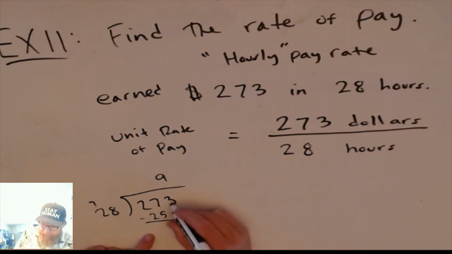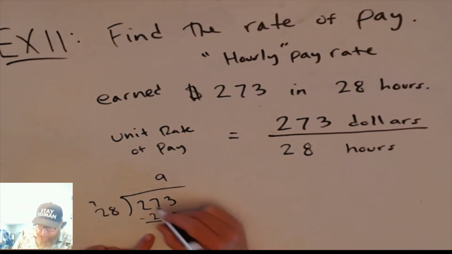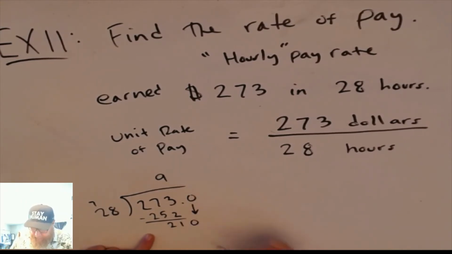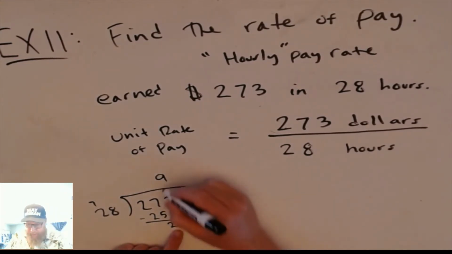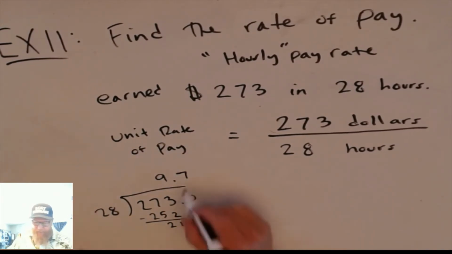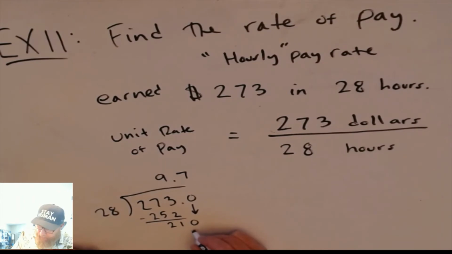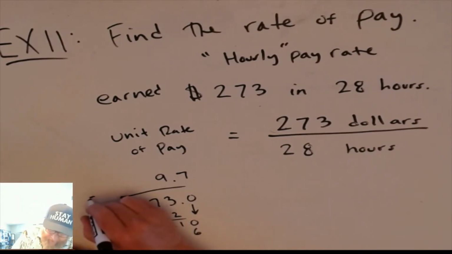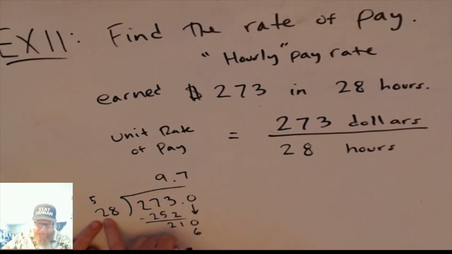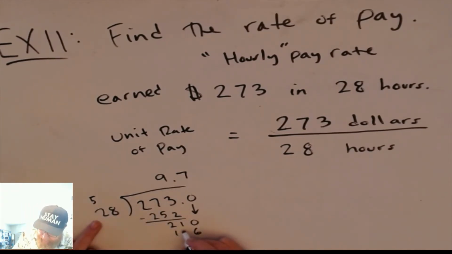Let's see, so 3 minus 2 is 1, and 21. Let's add a decimal point. 28 goes into 210 about 7 times. 7 times 8 is 56. Carry the 5. 7 times 2 is 14 plus 5 is 19.